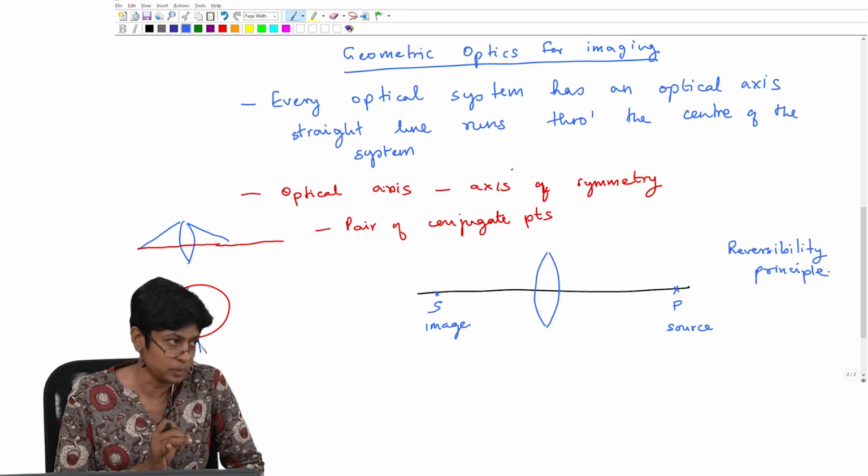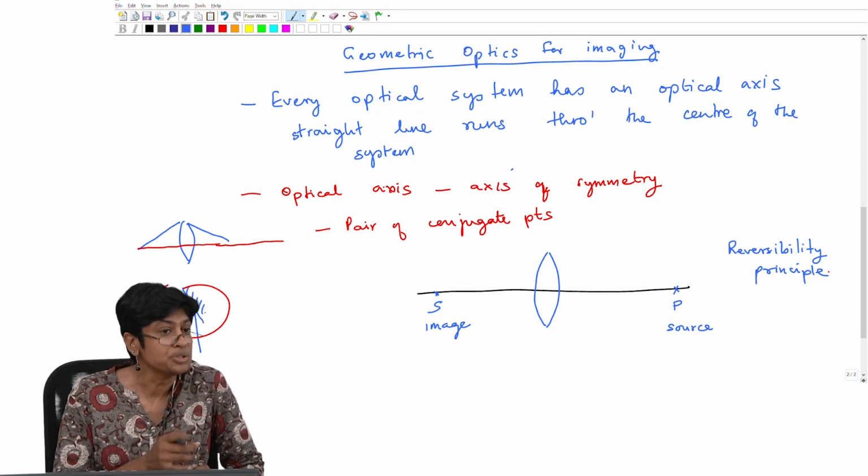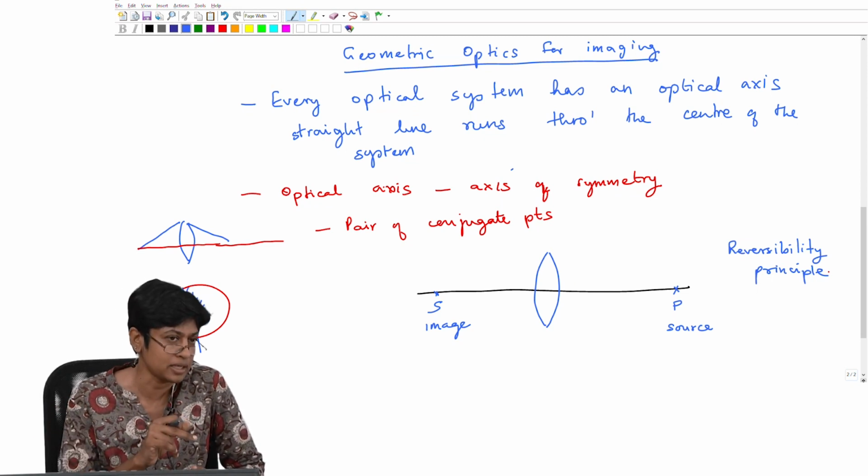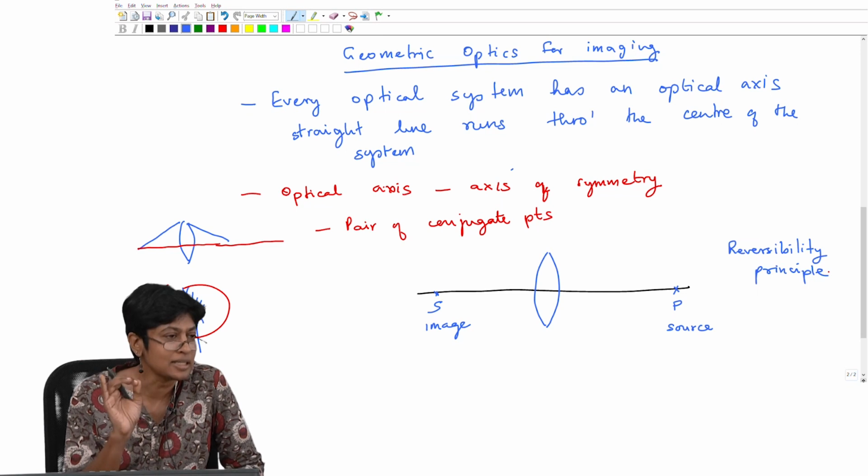The locations will be the same, but you could design the optics such that it gives you a better image when light travels in one direction as compared to another direction. Okay? So this only tells us where the locations will be, and that won't change, and that is a pair of conjugate points.